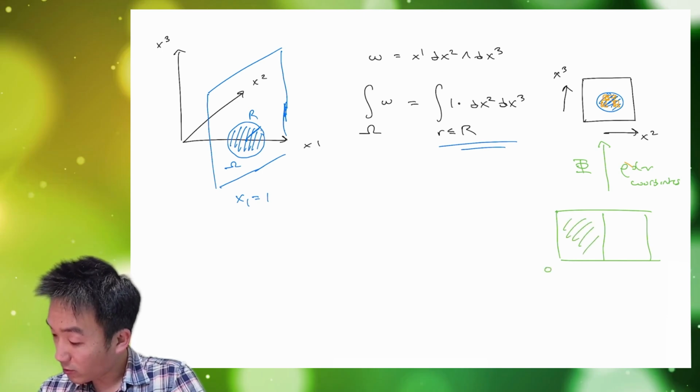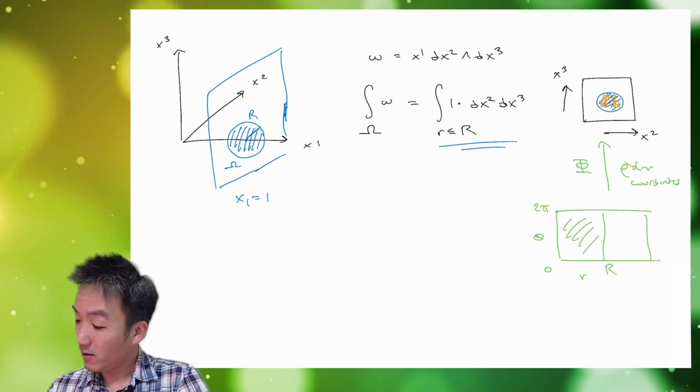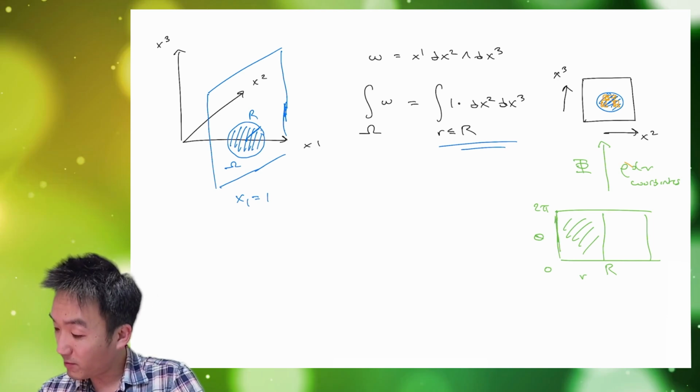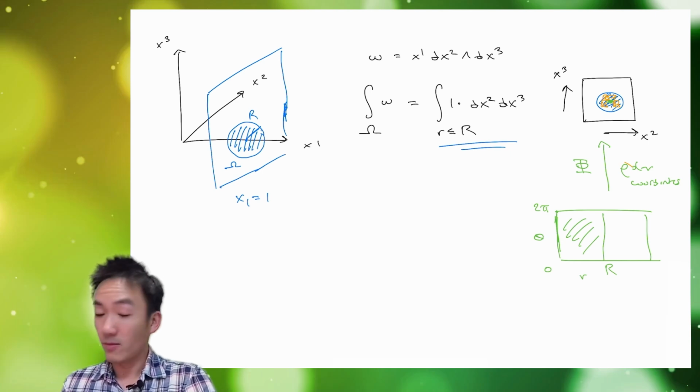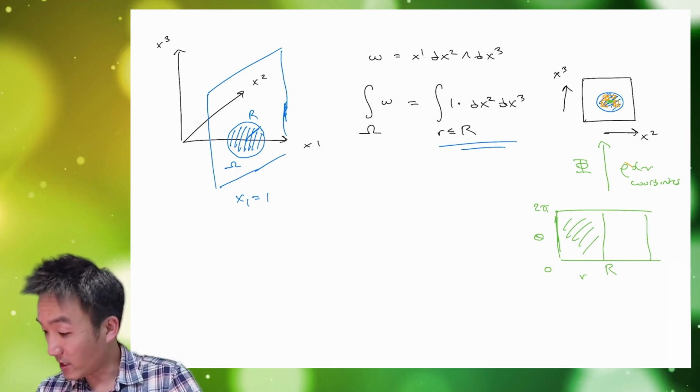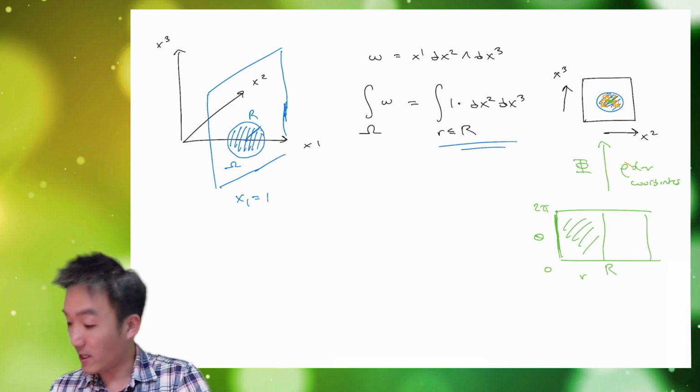Our angle goes from 0 to 2 pi. This is theta, and this is r, and our radius goes from 0 to capital R. And we can ignore this boundary region which corresponds to the origin, just because it has area 0. A point has area 0 and a segment has area 0.